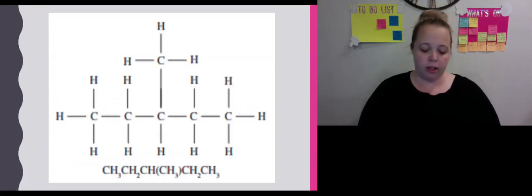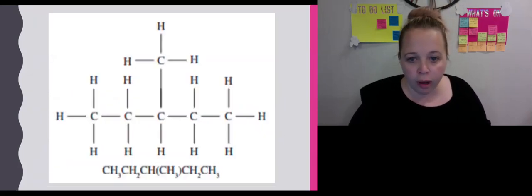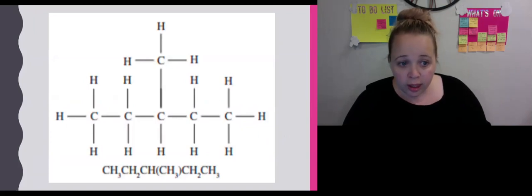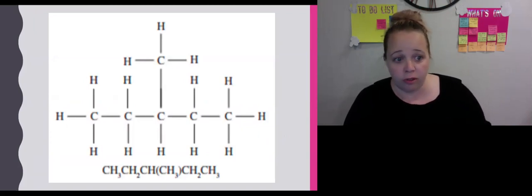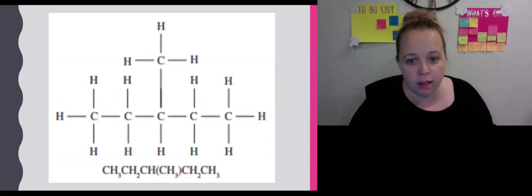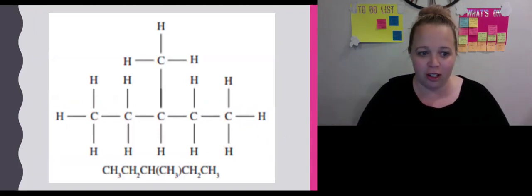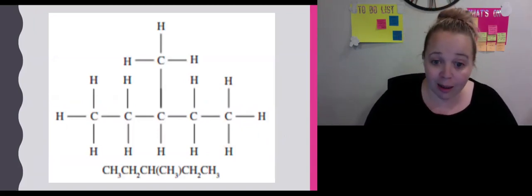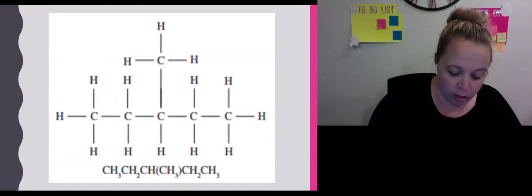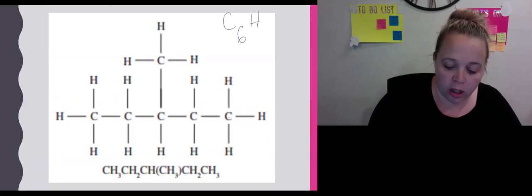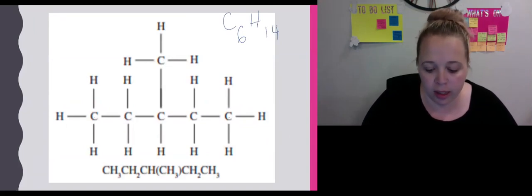So let's just have a look at this one, and let's figure out what we might call it. And what it is an isomer of, because it's obviously a structural isomer because it doesn't look like a nice straight line. So how many carbons in total have we got? We've got 1, 2, 3, 4, 5, 6. So we're looking at C6, H, 6 times 2 is 12, 14. Okay, so this is hexane.